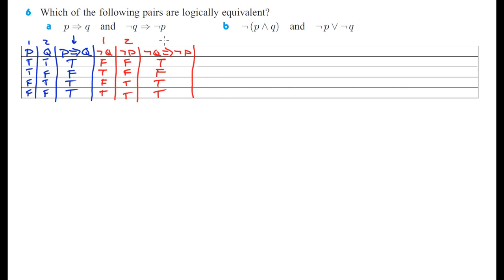Now we are comparing these two to each other. We've got true, false, true, true, and true, false, true, true. So for A, which of the following pairs are logically equivalent? A is logically equivalent, because they have the exact same truth values: true, false, true, true.